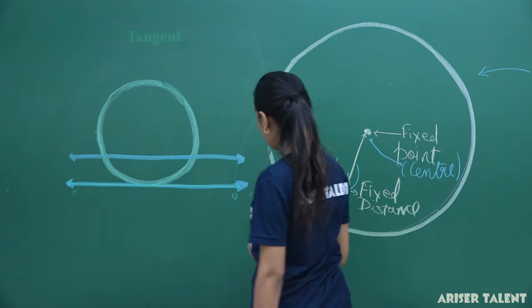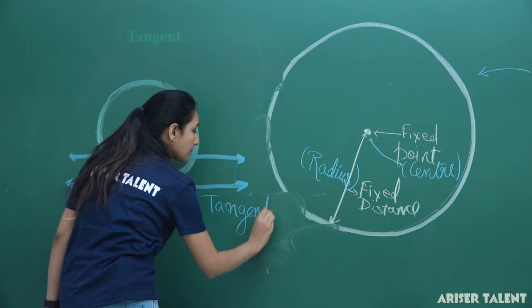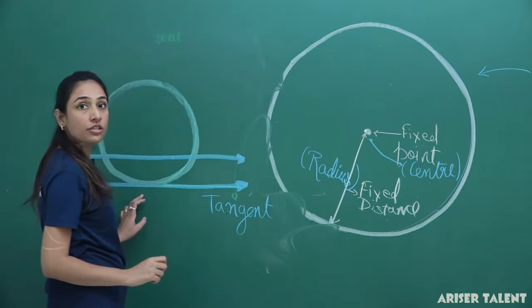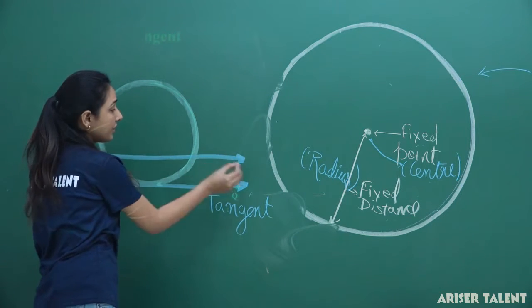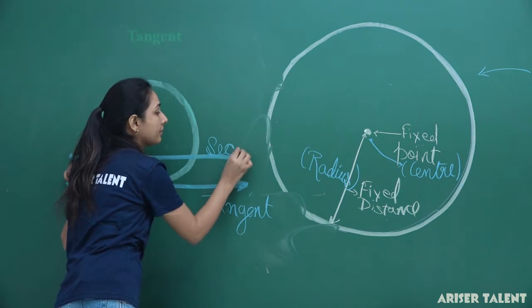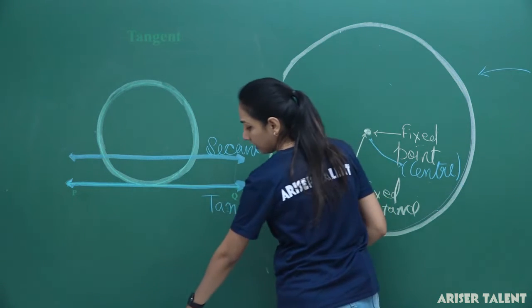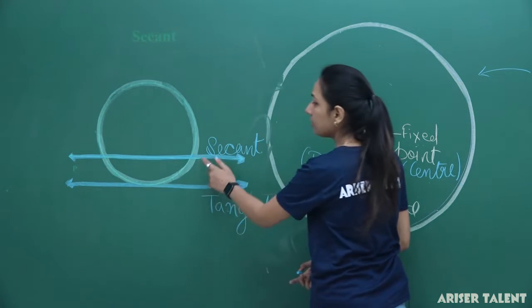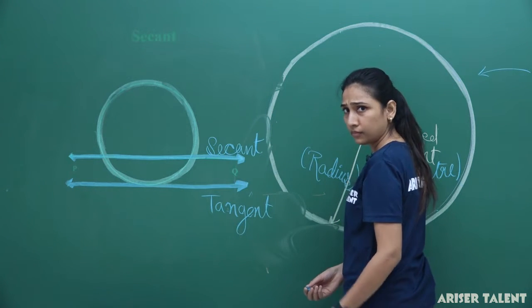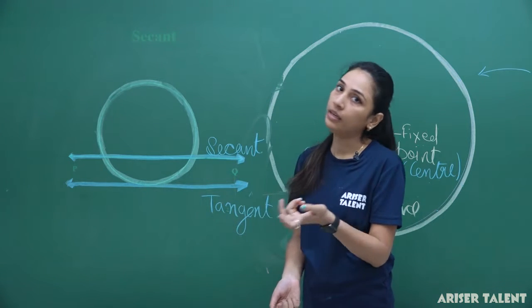So this is your tangent when it's just touching the circle, and if it's intersecting it, then this is what? Secant. Right? This is tangent and this is secant. Understood? If it's just touching at one point, tangent.